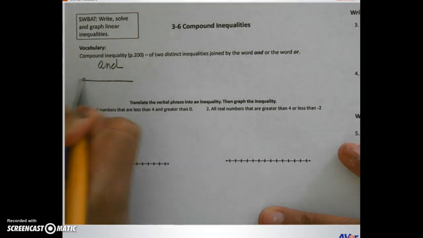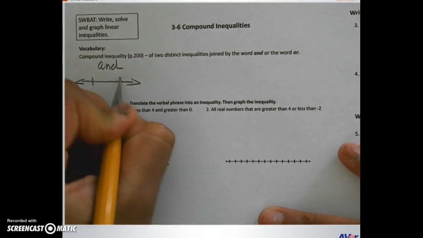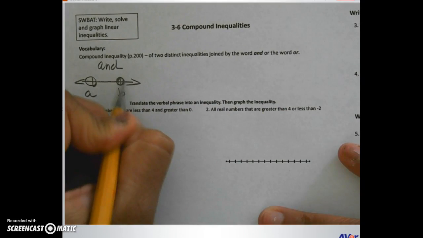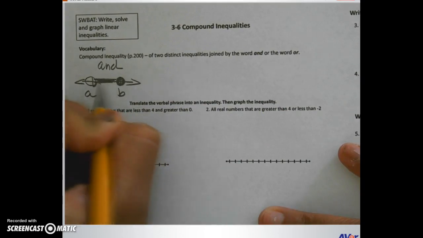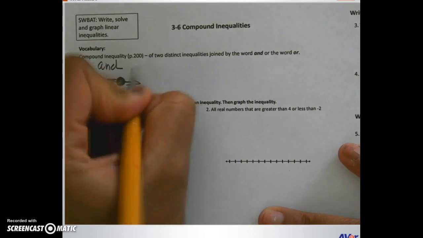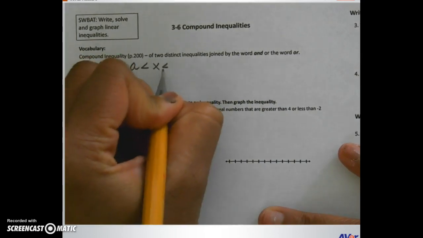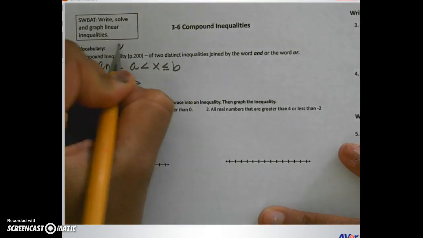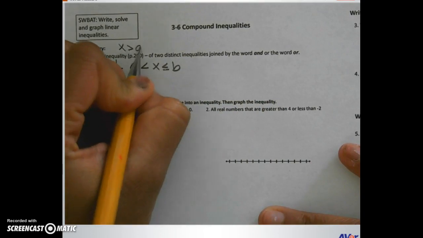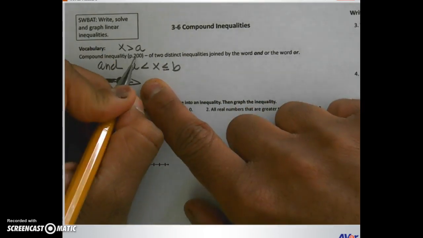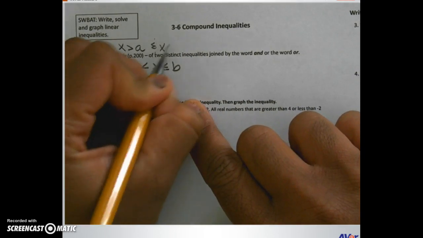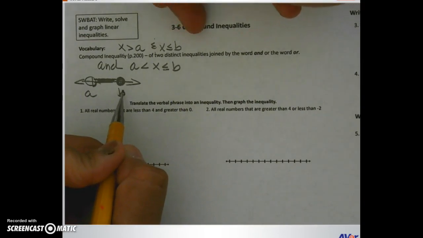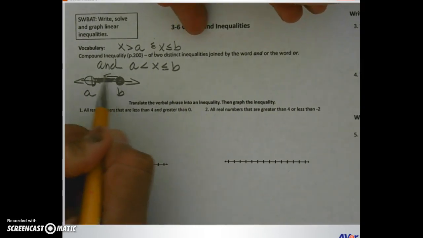An and one will have two values, let's call them A and B, and then one might be open, one might be closed, and it would be shaded in the middle. And this would look like A less than X less than or equal to B. If you look at these separately, this is like saying X is greater than A, and X is less than or equal to B. At B, it's closed because it's equal to, and it's going inward that way.